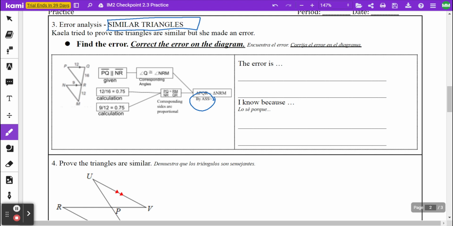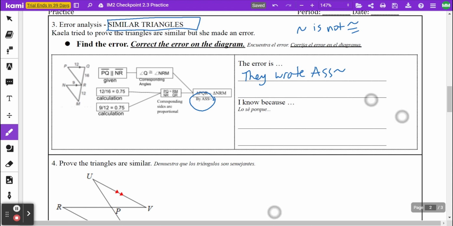The error is they wrote ASS similarity. Notice, everybody, that the symbol for similarity is not the same as the symbol for congruence. This is not this. Similarity and congruence are not exactly the same thing.